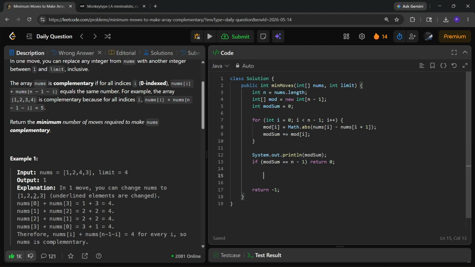The max sum of the mod array has to be n minus 1 or complementary. I say max sum plus sum x, max sum plus sum x is equal to n minus 1. I can say that x is equal to n minus 1 minus max sum.